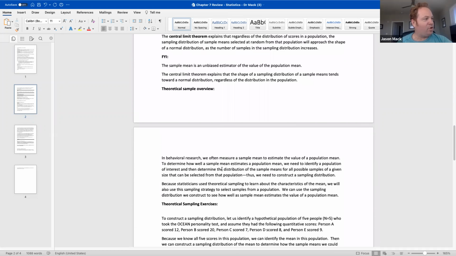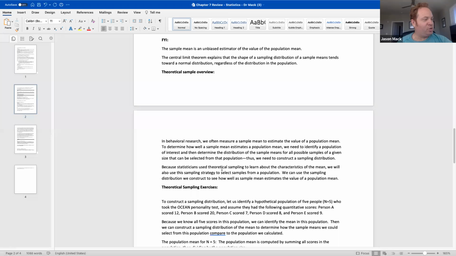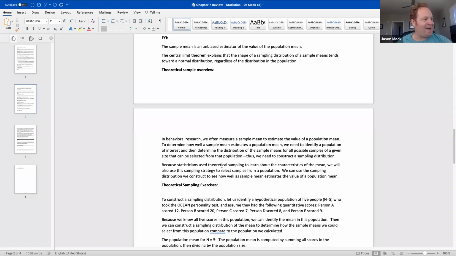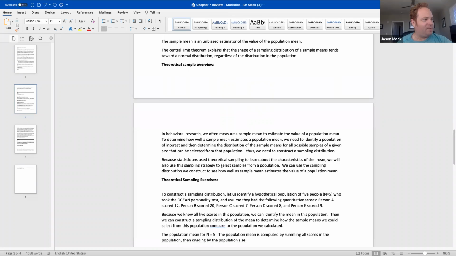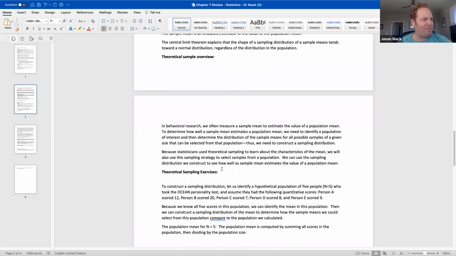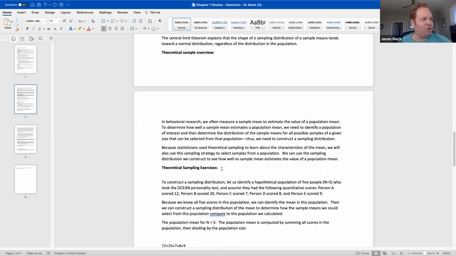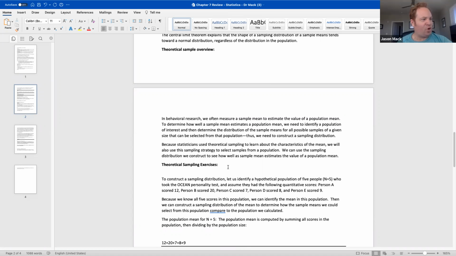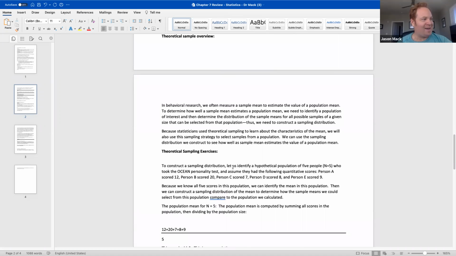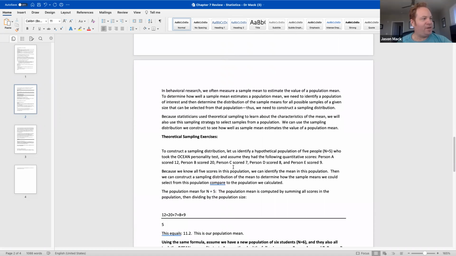Theoretical sample overview. In behavioral research, we often measure a sample mean to estimate the value of a population mean. To determine how well a sample mean estimates a population mean, we need to identify a population of interest and then determine the distribution of the sample means for all possible samples of a given size that can be selected from that population.